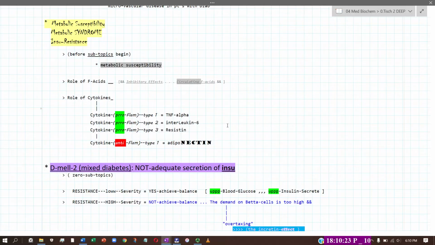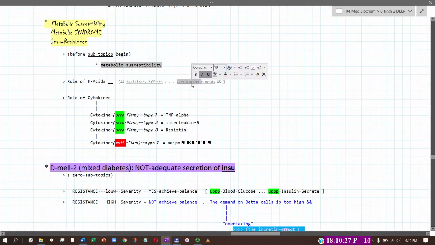Definitely there's more to be done to understand this portion of the notes. But for now, you know that fatty acids begin to be addressed, and also we begin to address the role of cytokines.